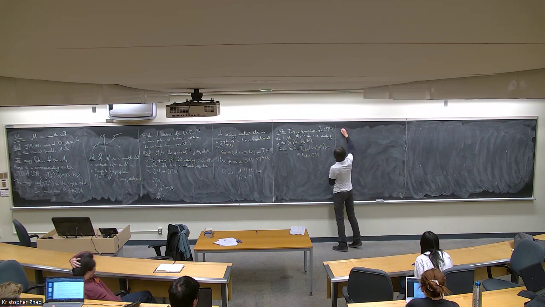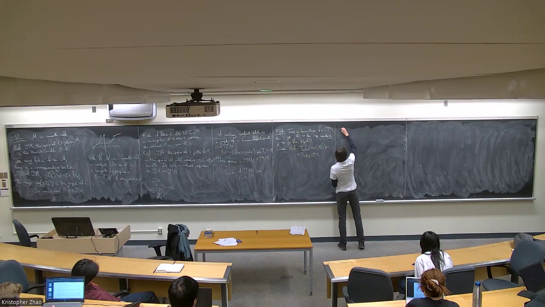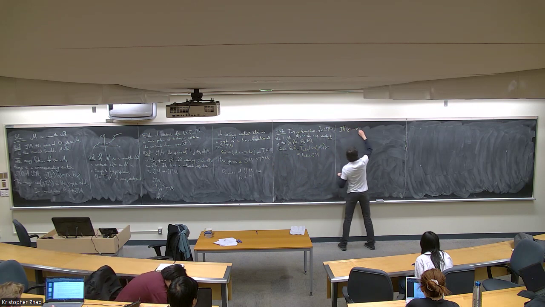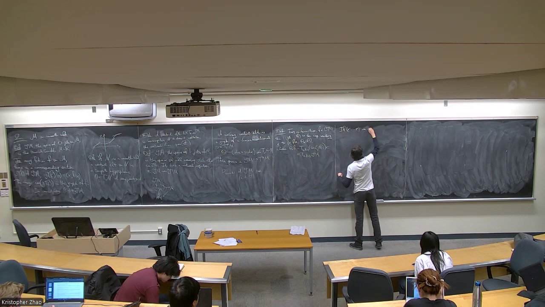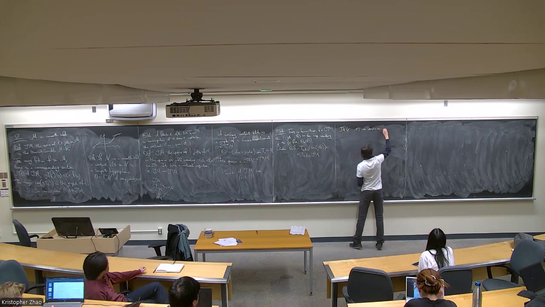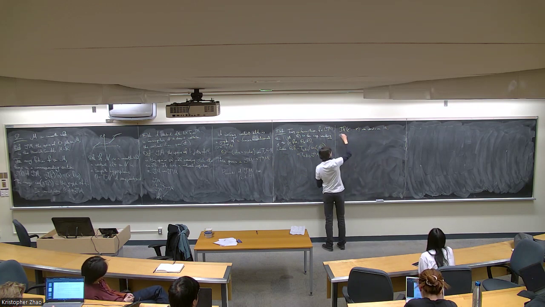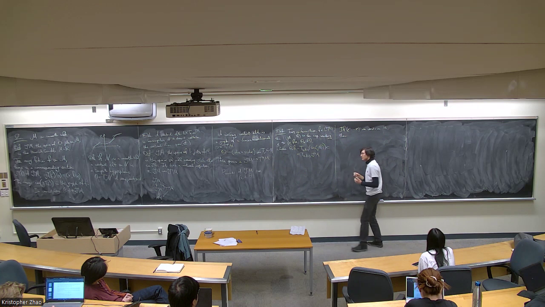Just from this perspective, we can see that if x1 through xn are local coordinates on M, then there are corresponding coordinates on the one jet bundle.